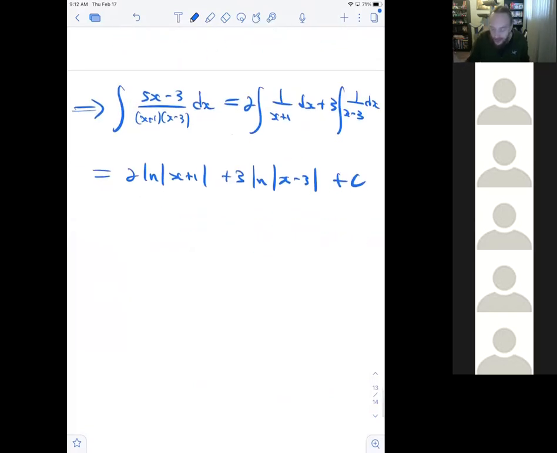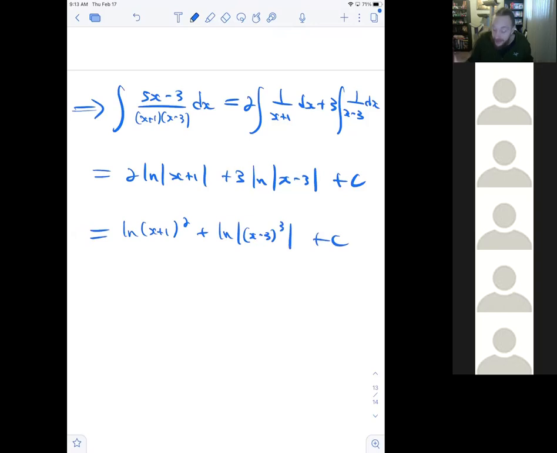And then in the back of the book, they're going to write this as natural log of the absolute value of x plus 1 squared, the number on the outside becomes exponent on the inside, plus the natural log of the absolute value of x minus 3 cubed. Notice I had to keep the absolute value on the second one because cube doesn't kill the negative.